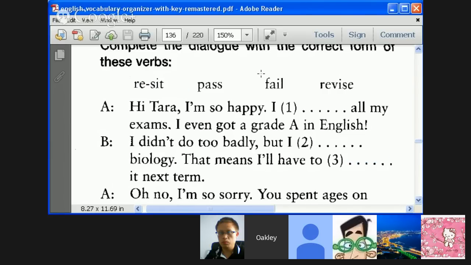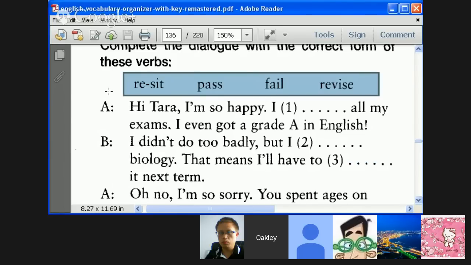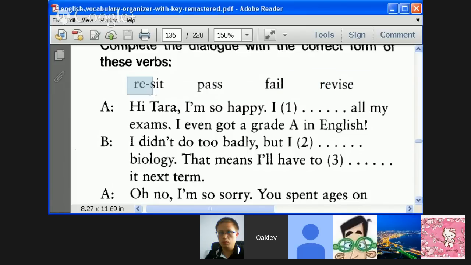Here, because we don't have take in our choices, resit it next term. So you need to resit a class. You can sit a class, or you can resit an exam, take the exam over again. Re always, of course, means again.